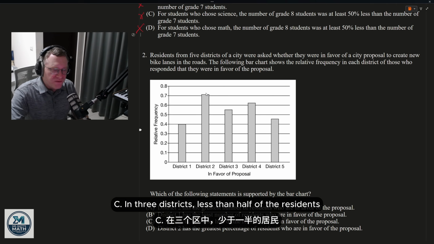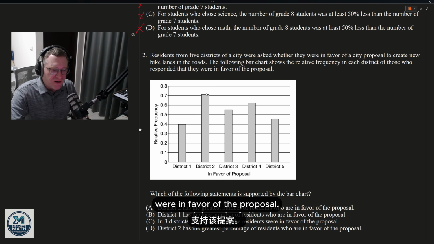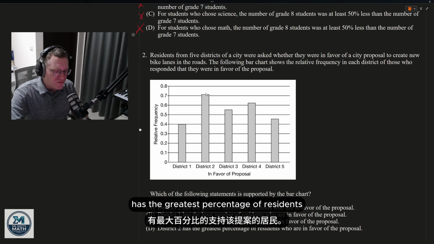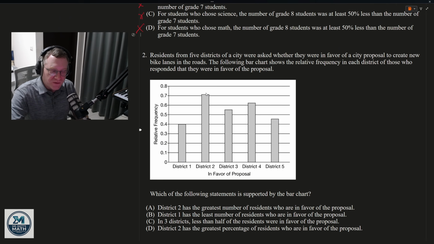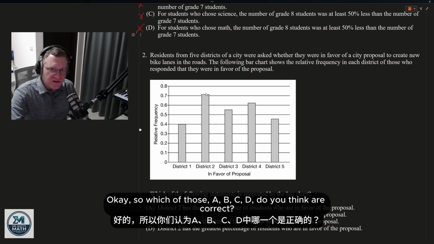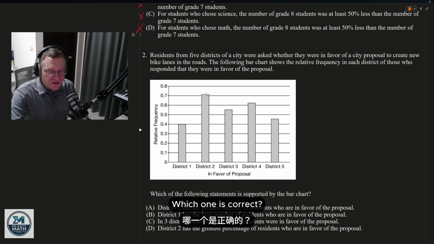C, in 3 districts, less than half of the residents were in favor of the proposal. And then D, District 2 has the greatest percentage of residents who are in favor of the proposal. Okay, so which of those, A, B, C, D, do you think are correct? Which one is correct?